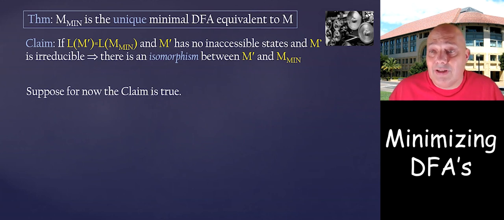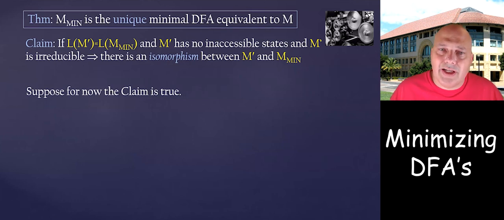But the part that is easy is that from the claim, we can prove the theorem. And this theorem completes the idea that we have an algorithm that minimizes a DFA and gives us the unique DFA.